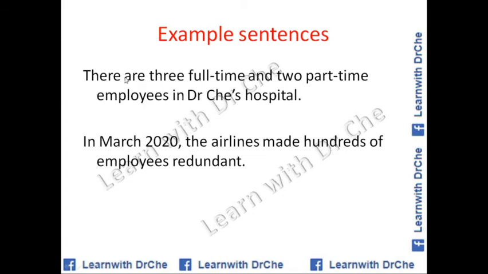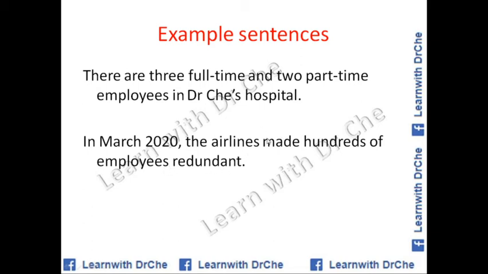Example sentences: there are three full-time and 2 part-time employees in Dr. Che's hospital. Oh, I think there are more than 12 or 15, but this is just an example. Okay, in March 2020, the airlines made hundreds of employees redundant.